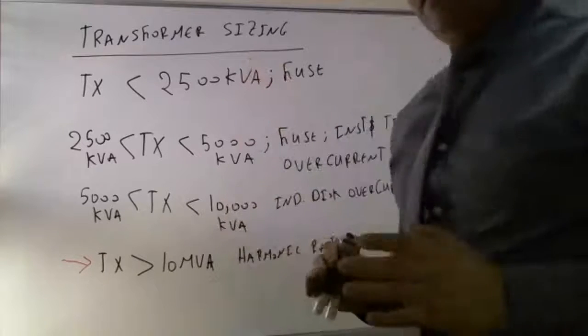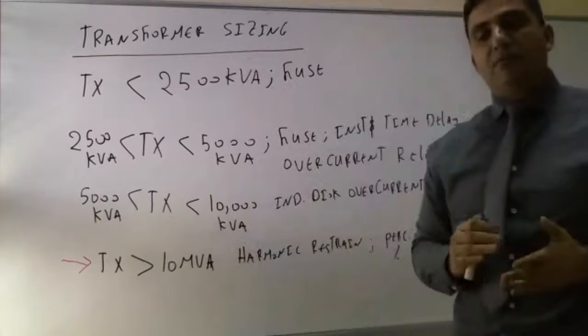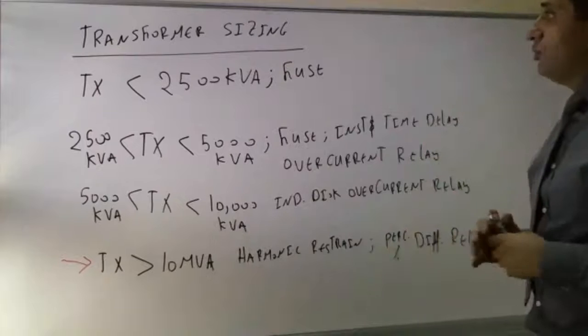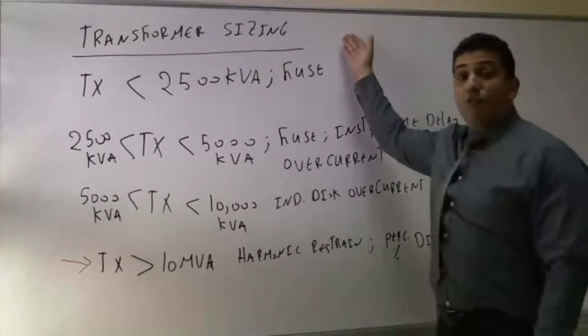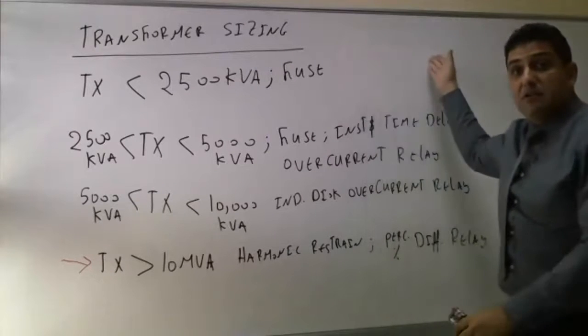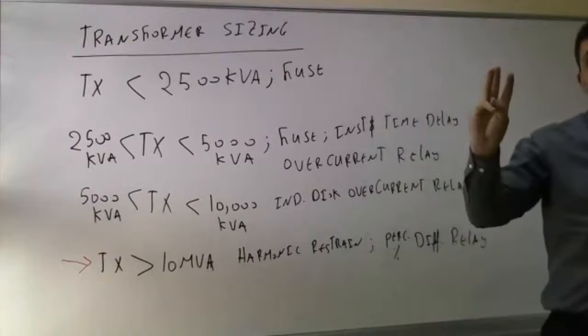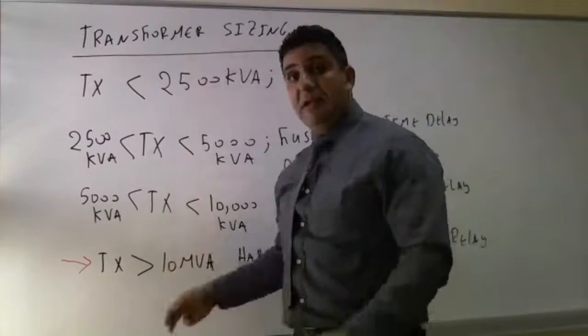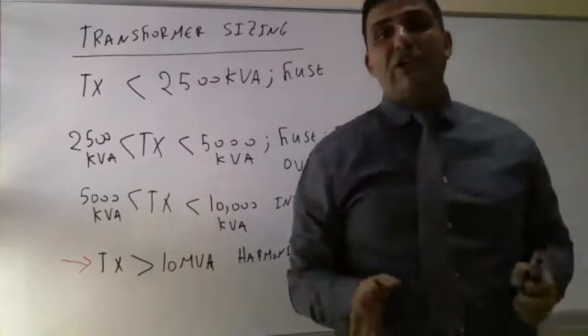So to recap, transformer is very important when it comes to our network. That's number one. Number two, transformer protection details depend on three elements. Number one is transformer sizing. Number two will be the location and its function.